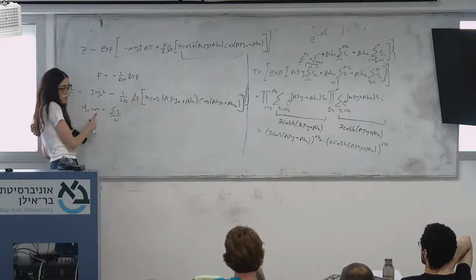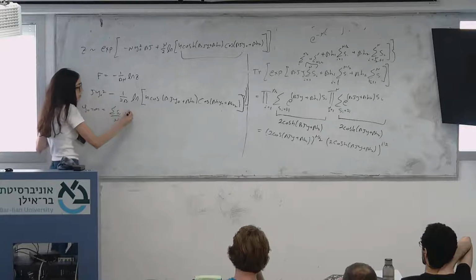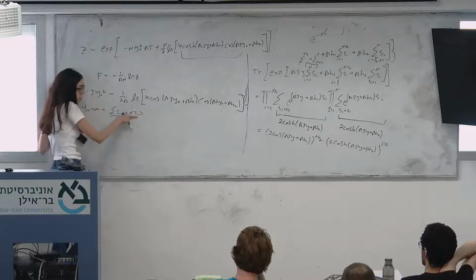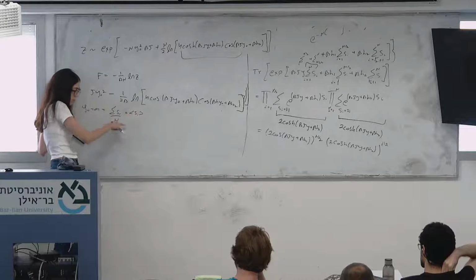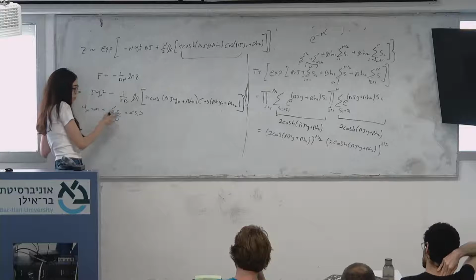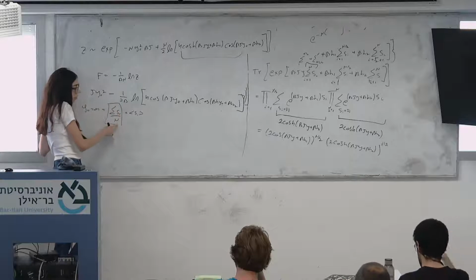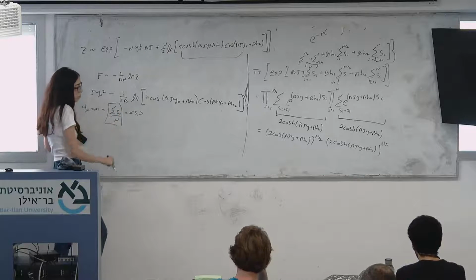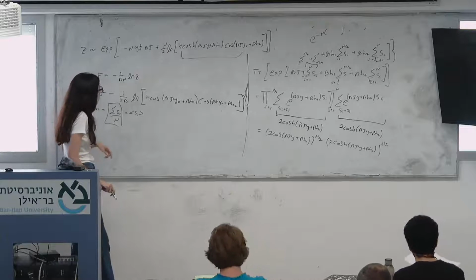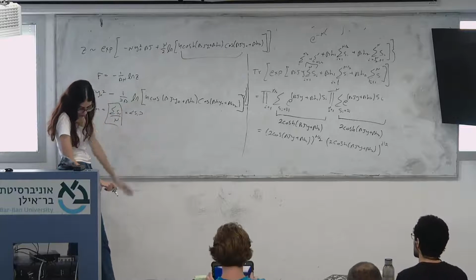M is the average magnetization. It's defined like that, so it's the average of the spin states. So we can also write it like that. I think in the derivation it will use that at some point. Okay, so that was the second question.